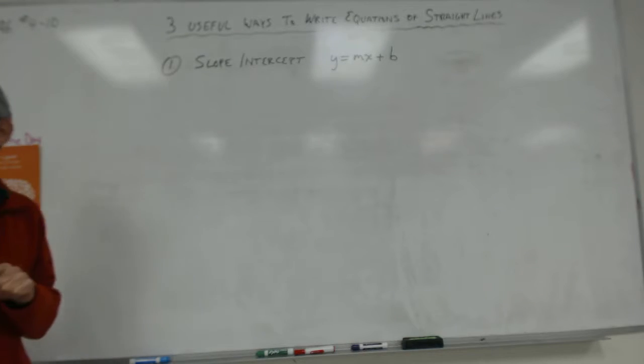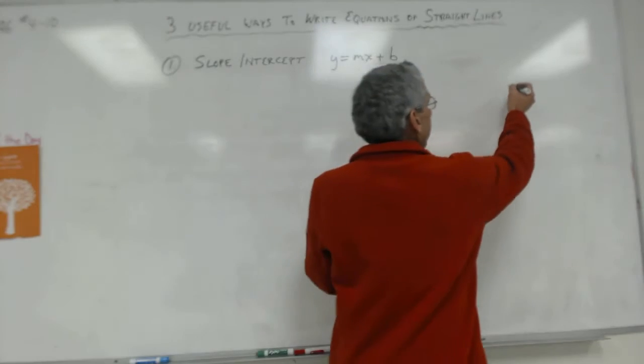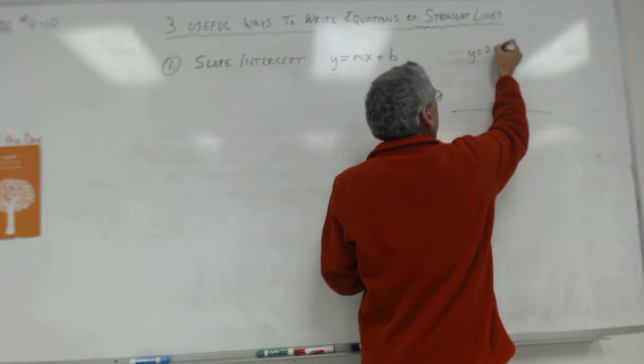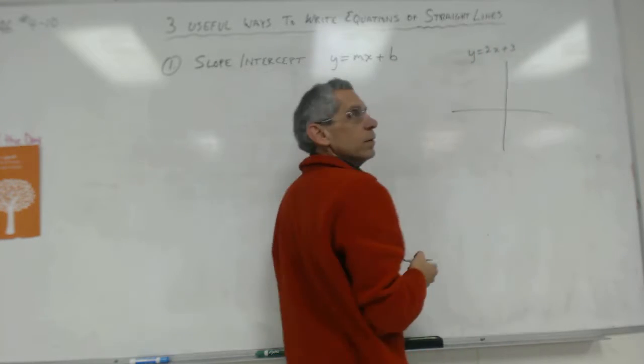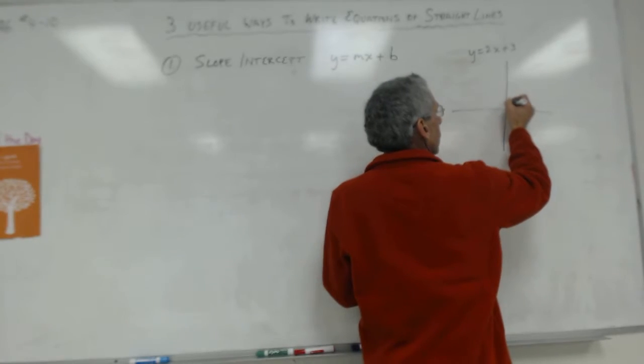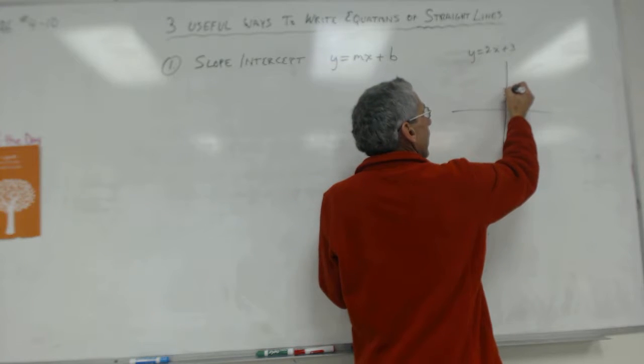Okay, we got y equals mx plus b. Everybody should know that one really well. If you graphed this one, how would you do it? y is equal to 2x plus 3. What would I do? Harrison: You would first go plus 3, so up 3, and put a dot.